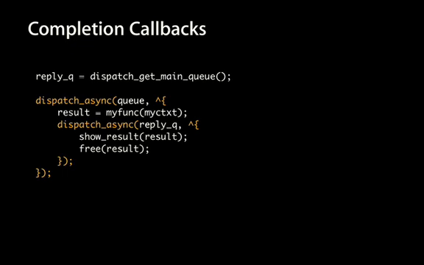Then that result from that first operation can actually be captured by the nested block, because remember, each block inherits all the variables in the outside scope. And so then we can take that result and send it back to the original queue. In this case, we've hardwired that to be the main queue, where we process it, and then we can free the memory when we're done.